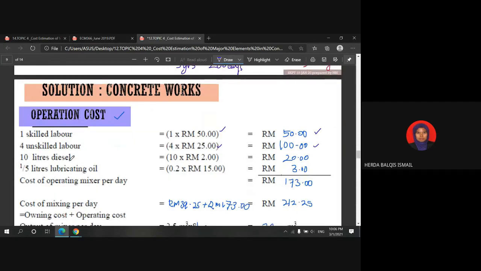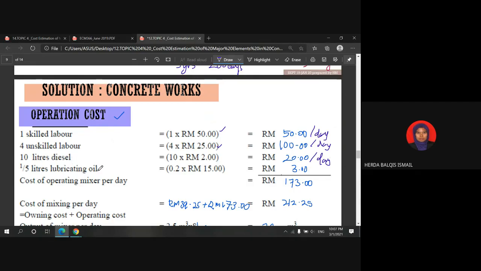In order to operate the mixer, the mixer requires 10 liters of diesel per day. So still the unit is per day. 10 liters per day times the price per liter, which is 2 ringgit, so 20 ringgit per day is allocated for the diesel.